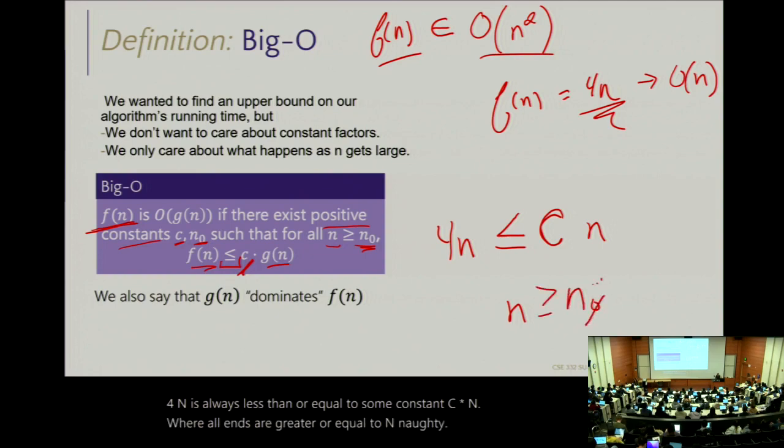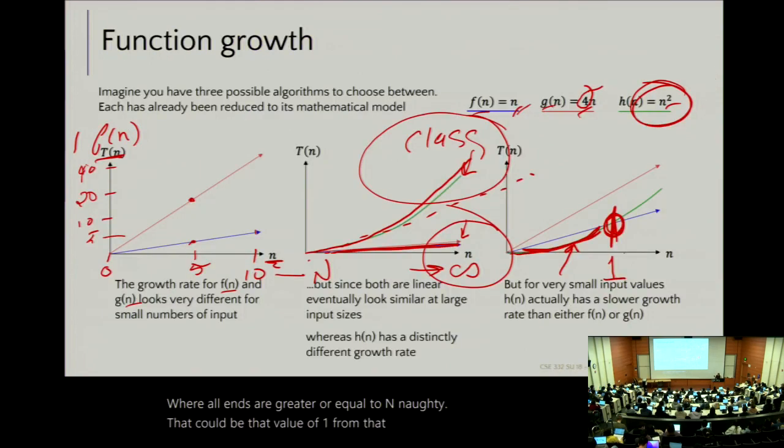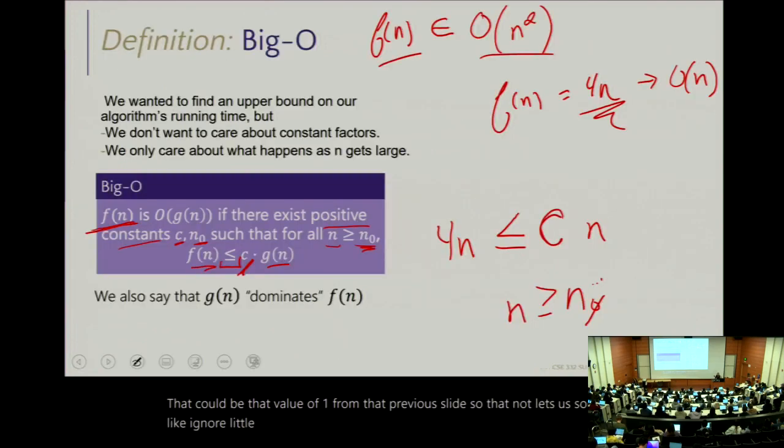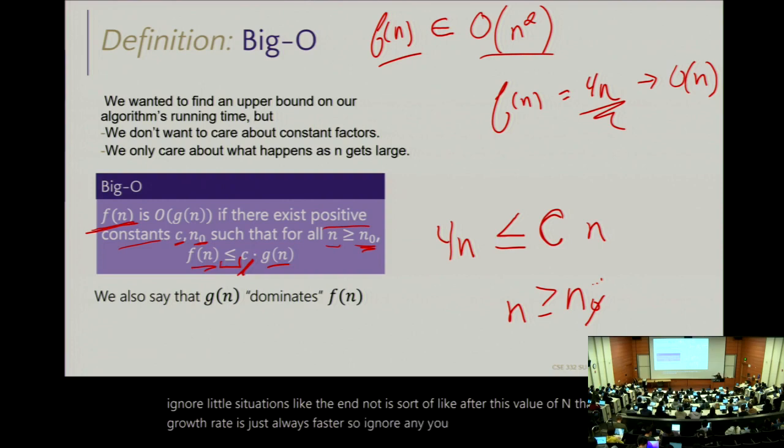That n naught could be that value of 1 from that previous slide. So that n naught lets us ignore little situations like this. The n naught is like, well, after this value of n, that growth rate is just always faster.